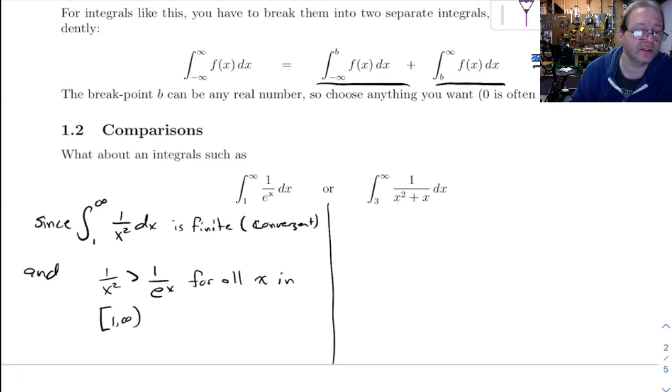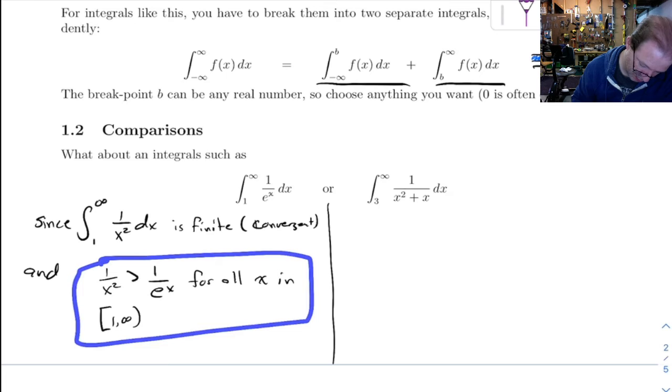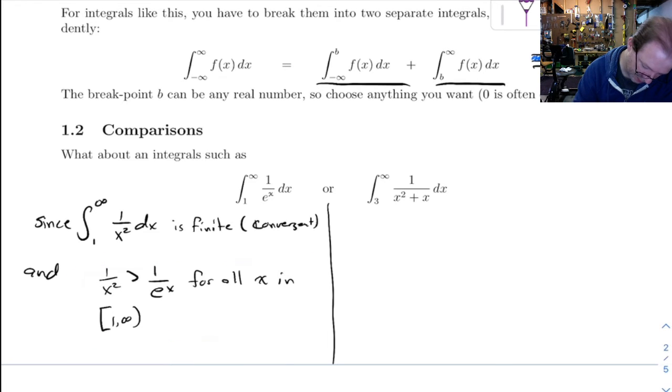This is just saying that the graph is underneath the other one. That then the integral of 1 over e to the x from 1 to infinity is also finite.